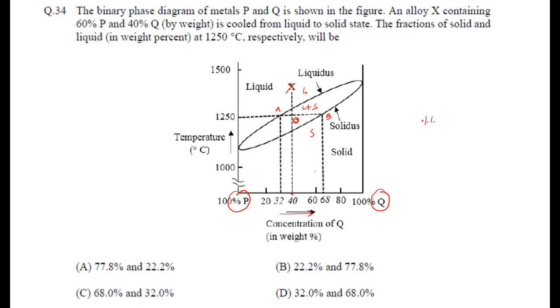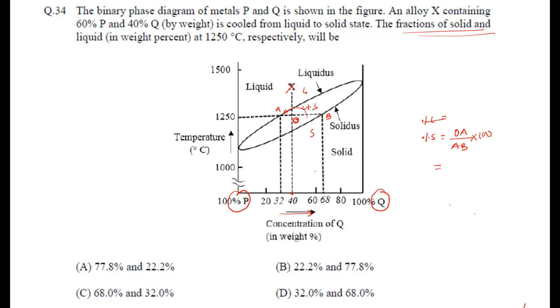So percentage of liquid will be, here it is asking about the fraction of solid and liquid, right? So first we will find percentage of solid. So percentage of solid will be given by, here in this side it will be solid, so we'll take in the left hand side, that is OA divided by AB into 100, right?